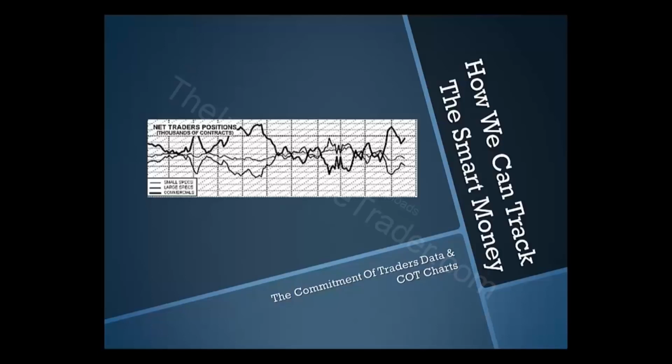The third category of traders in the commitment of traders data is the commercials. The commercials are grouped in two categories: you have a commercial user and you have a commercial supplier. A perfect example of that would be cocoa.